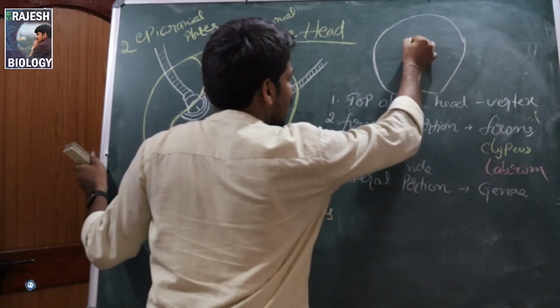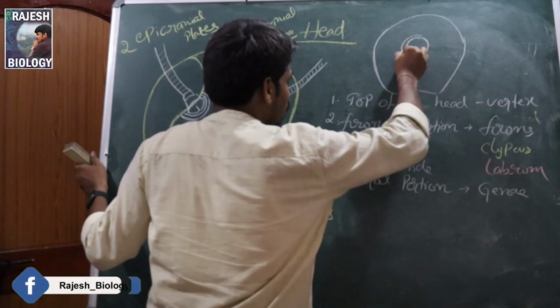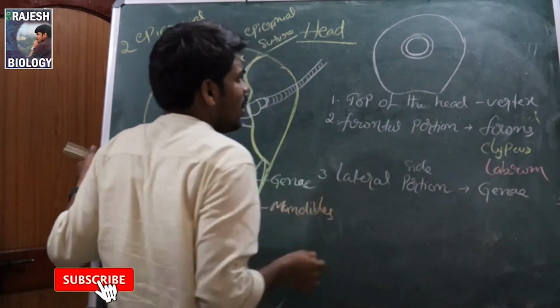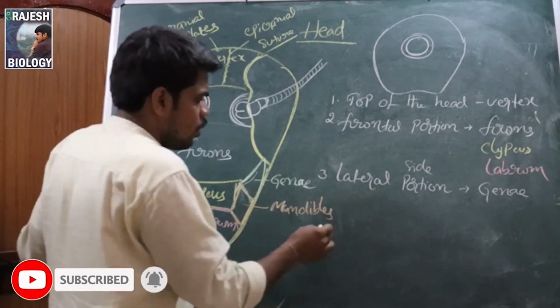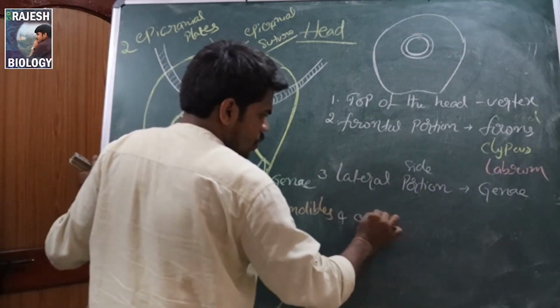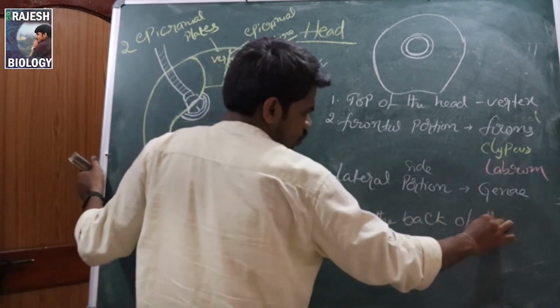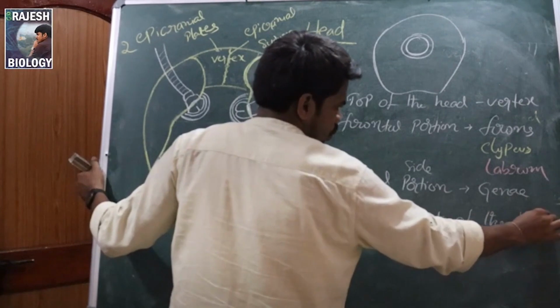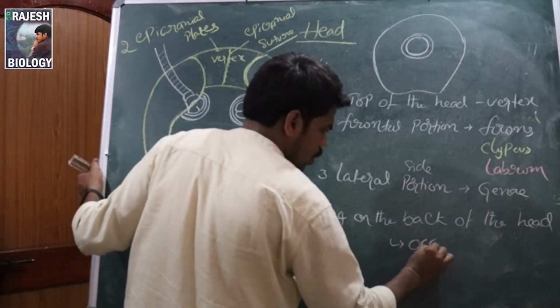So on the back side there is a big hole. That hole is called the occipital foramen. There is a hole on the back of the head.